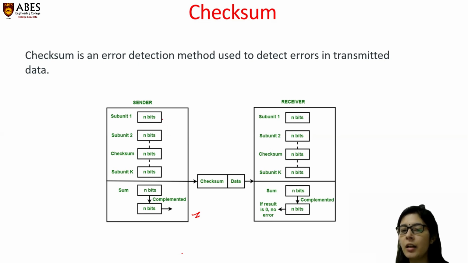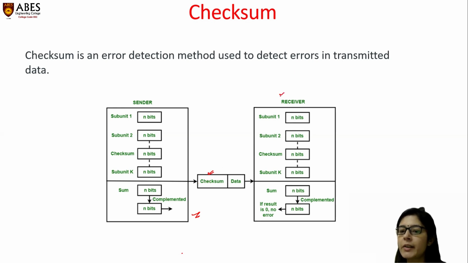Let's say we have divided the original message into subunits or segments of n bits each, and at the sender's end all these segments are summed up together using one's complement. Once the summing procedure is completed, we complement the sum, and this complemented sum is called the checksum. Along with the data, the sender will send the checksum also.